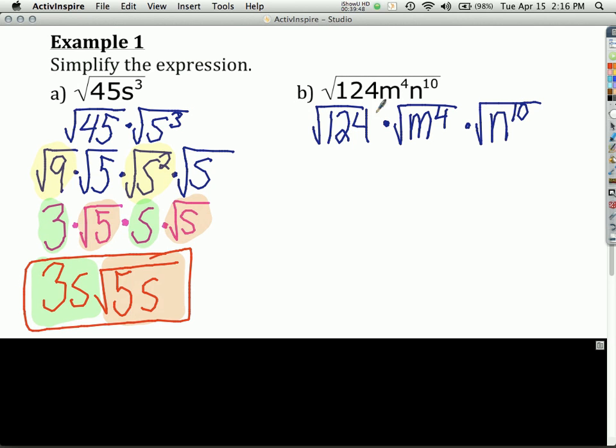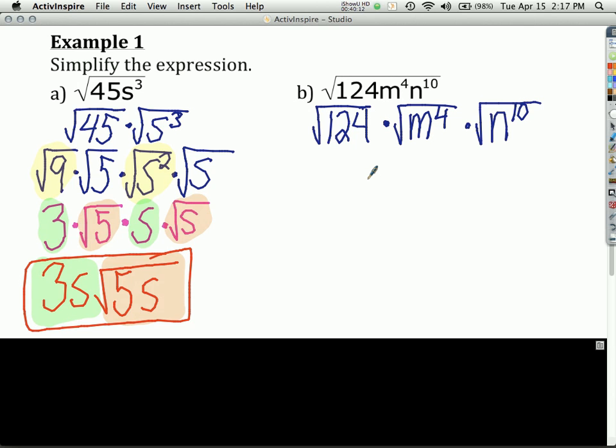Now, anything that can be split into perfect square factors, we want to do. The number is usually the one that's going to take the longest. So I need 2 factors of 124. Okay? 31 and 4. Is there a bigger perfect square factor?